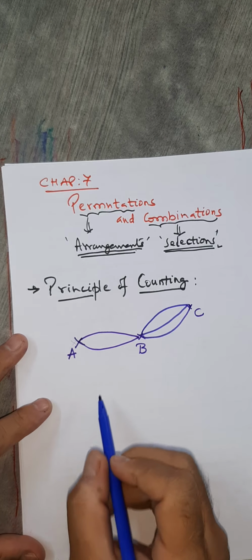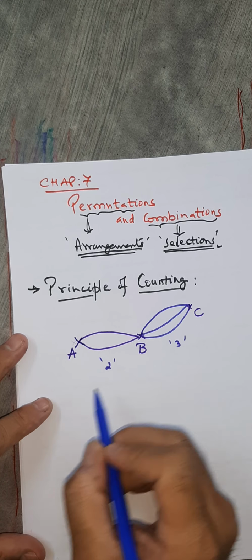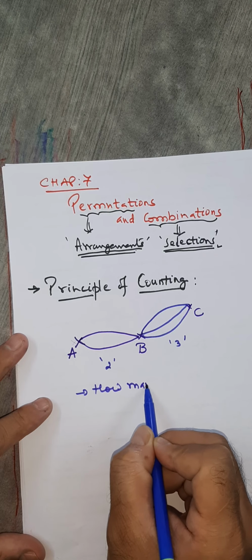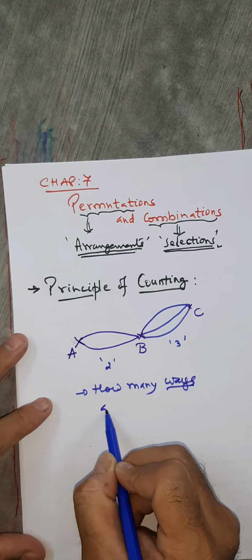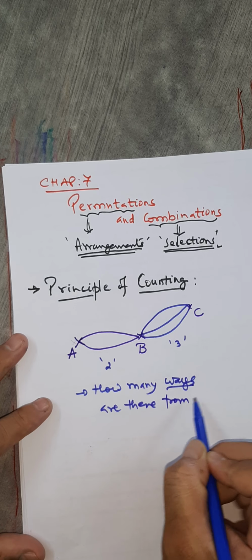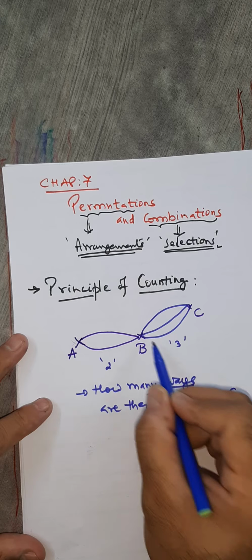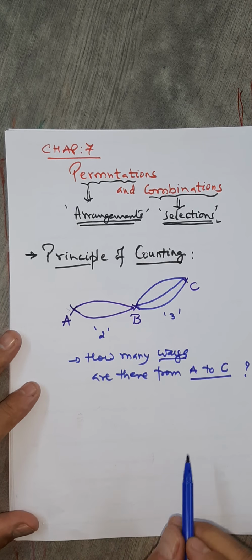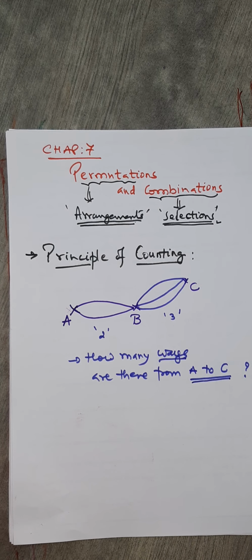My question is, how many ways or paths are there from A to C, obviously via B?